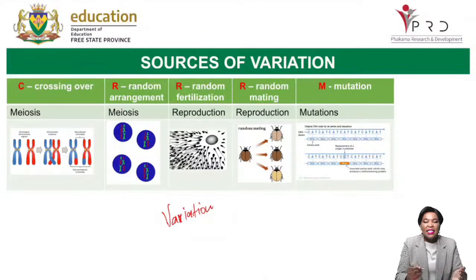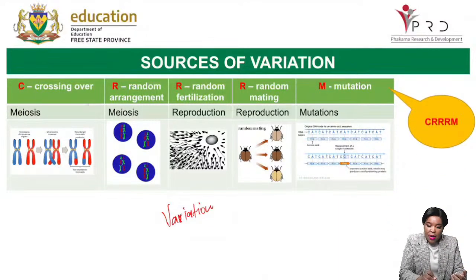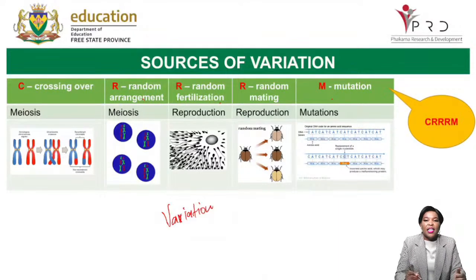So what brings that variation? When they ask you about the sources of variation, you must be able to tell us that there are 1, 2, 3, 4, 5 sources of variation. So if you can remember that 5, you can use this acronym here, C3RM.